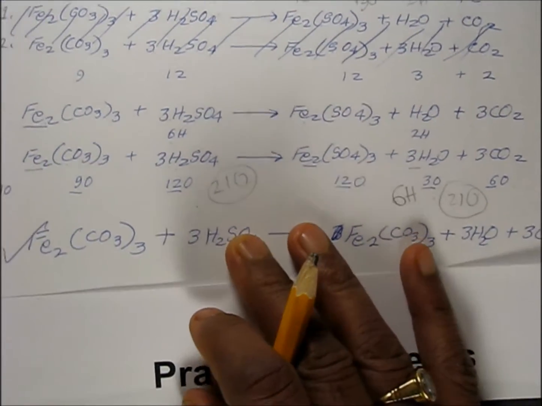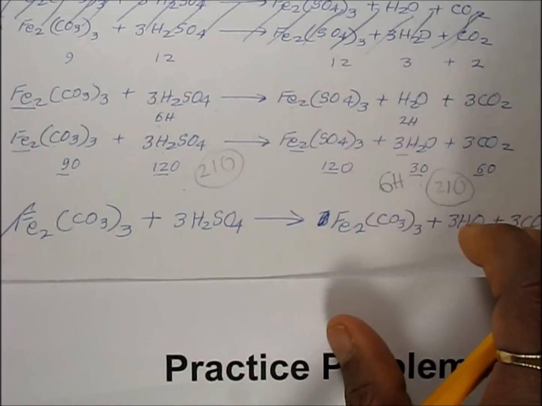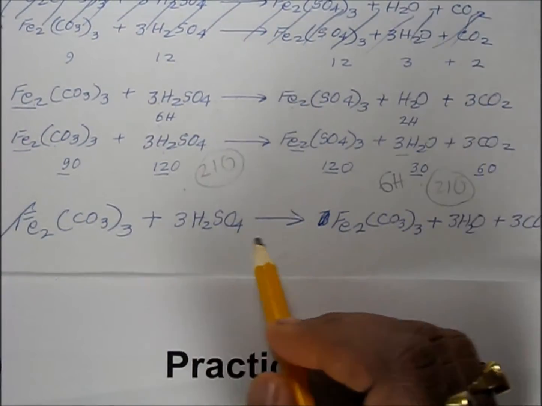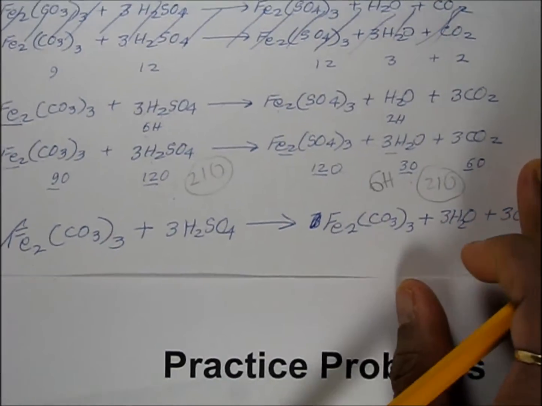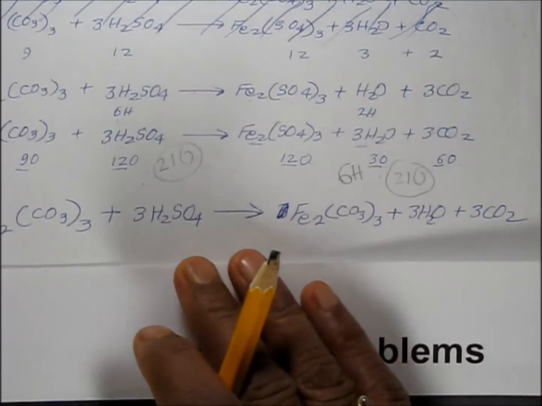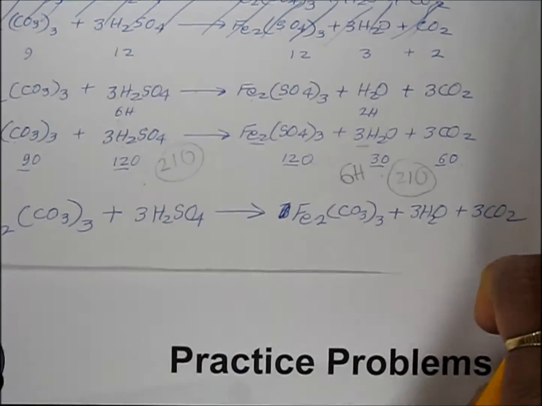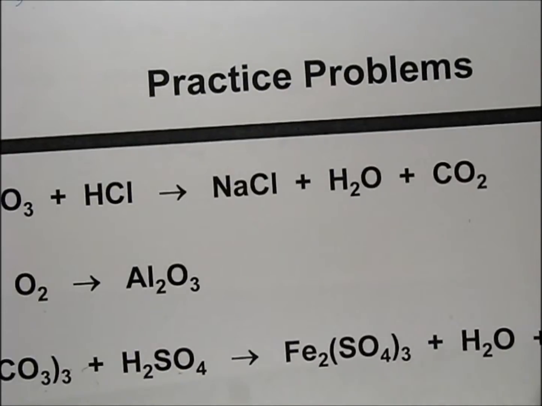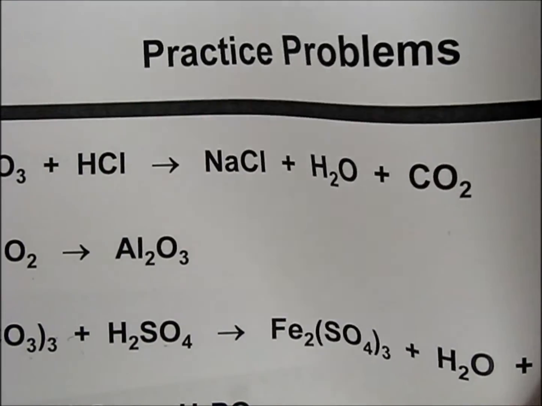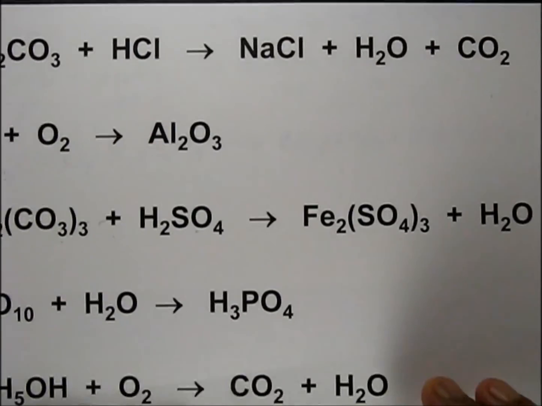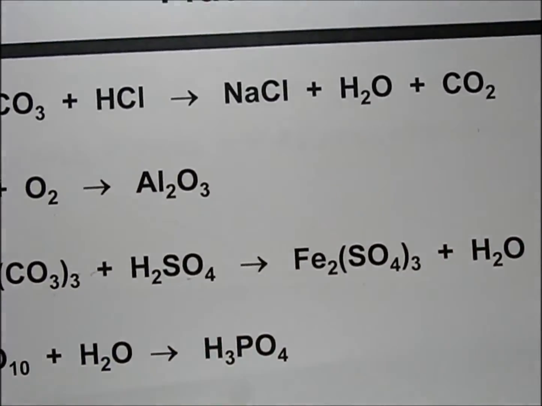So this would be a balanced equation for ferric carbonate when reacting with sulfuric acid to form ferric sulfate, water molecule and carbon dioxide gas. So this was the third example to understand how to balance any chemical equation. Let's see 2 more.